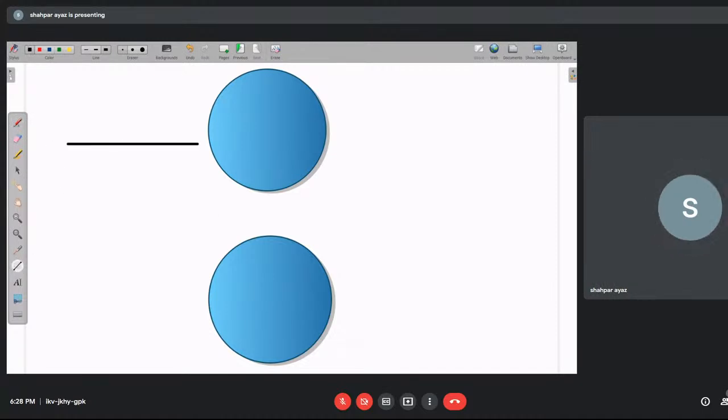Suppose this is a sheet which is going to enter. This is the center.